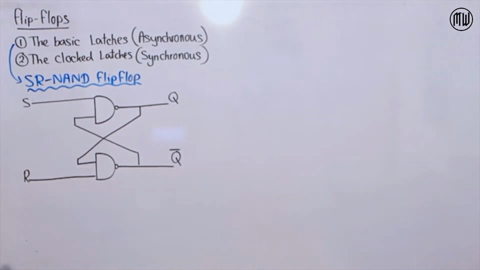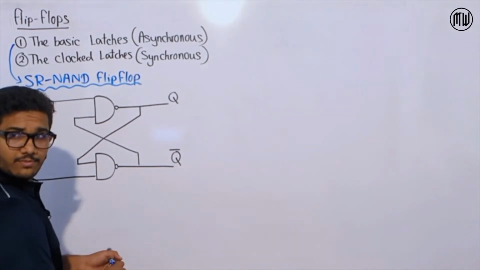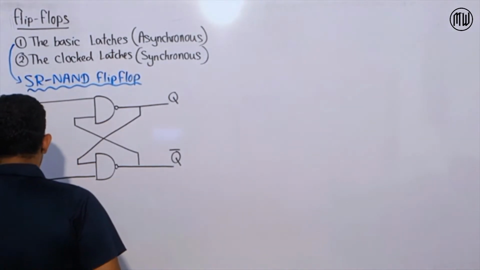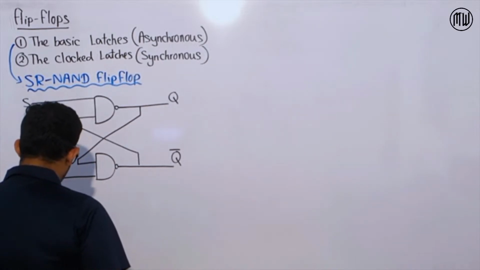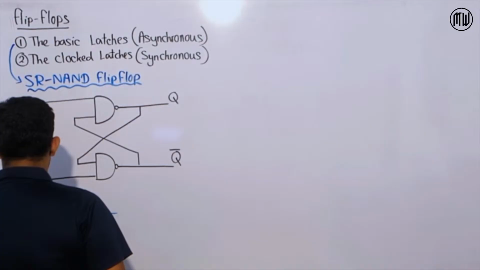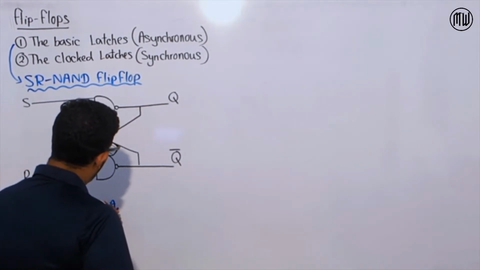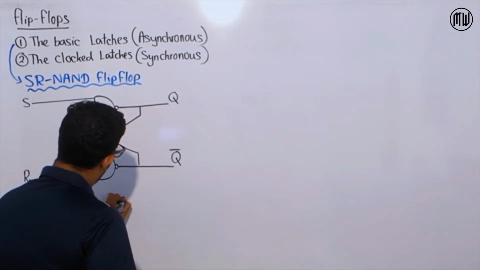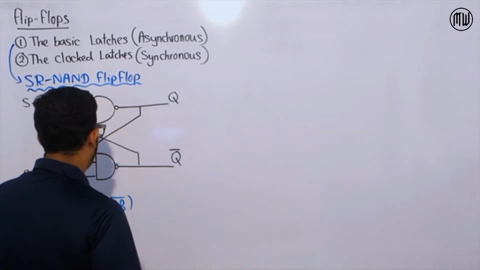Right, so I'm gonna draw. So A and B is actually A dot B over bar, large over bar, right?